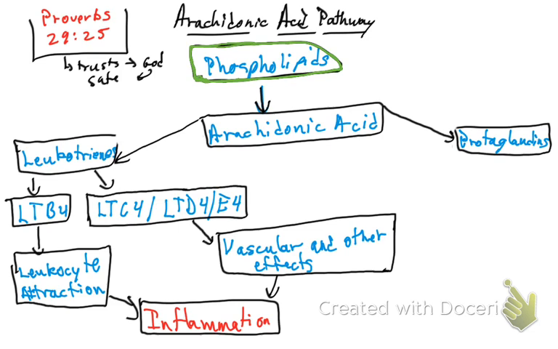The other that we're going to see is the prostaglandins. The prostaglandins are two. What are those two prostaglandins? Let's just draw here, 1 and 2. One of those prostaglandins is called thromboxane.